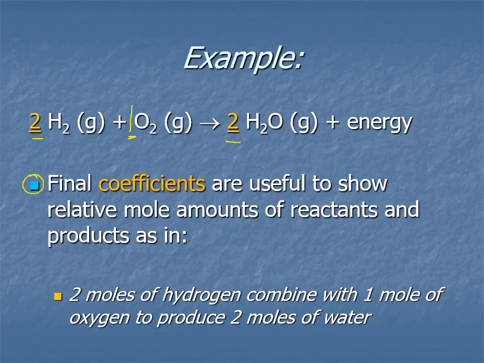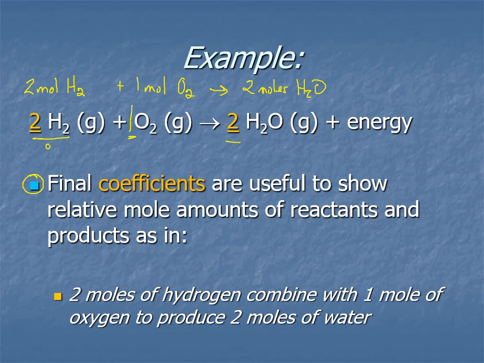Now, final coefficients. Final coefficients are useful to show relative mole amounts. We do mole conversions, and this actually tells us mole amounts. So this could tell us that 2 moles of hydrogen will combine with 1 mole of oxygen, and that will make 2 moles of water vapor. Now, we balance by the particle.